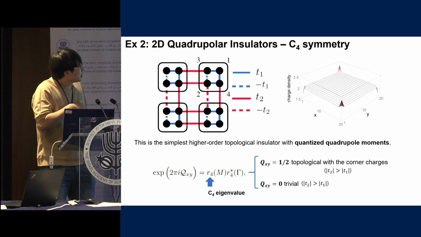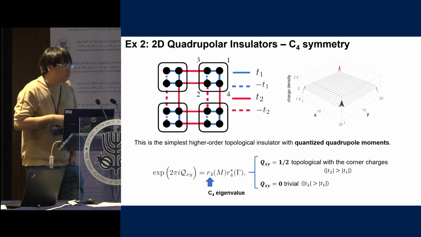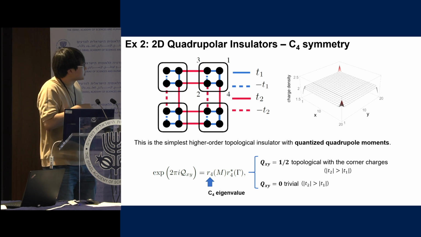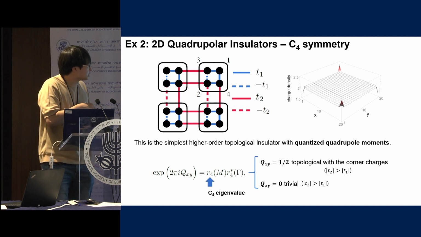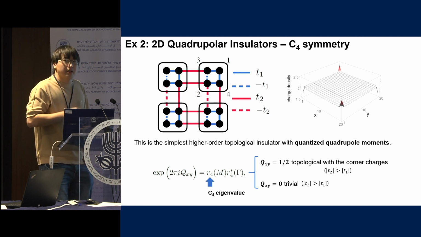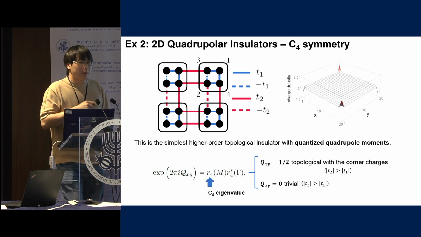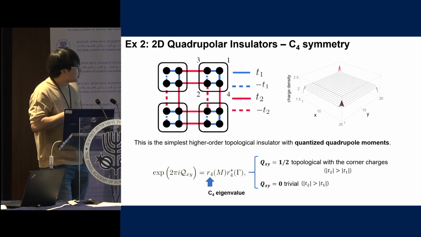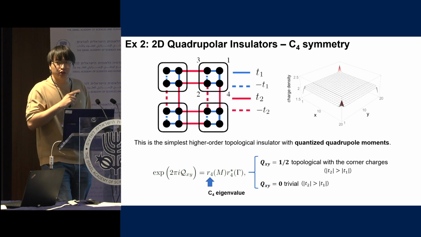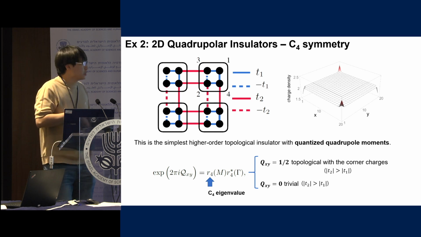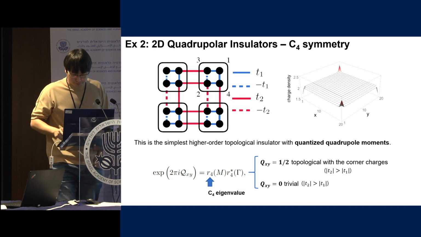There is a tight-binding model, but I'm not going to go through the details. The point for this model is that the C4 eigenvalues at the M point and gamma point, by the way, M is (pi, pi) and gamma is (0, 0), if you know them, then you can determine the quadrupole moment, the topological invariant, which is either 0 or half.